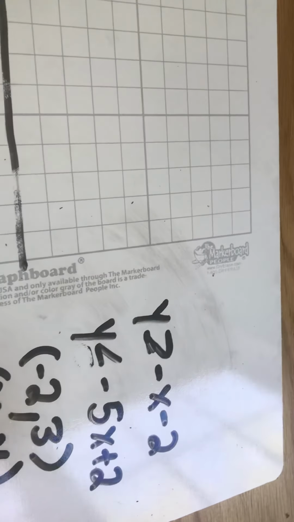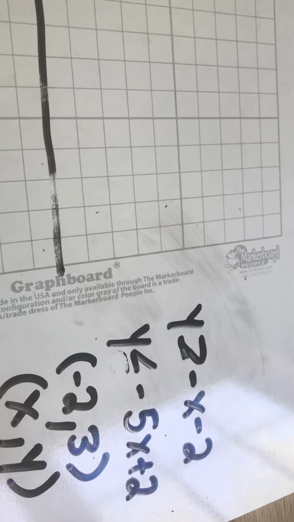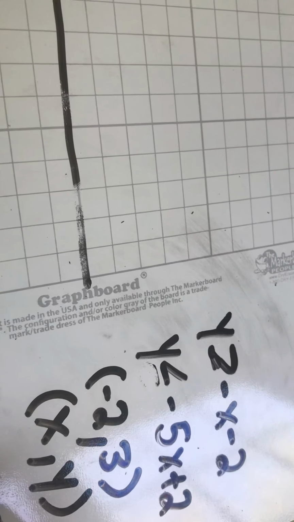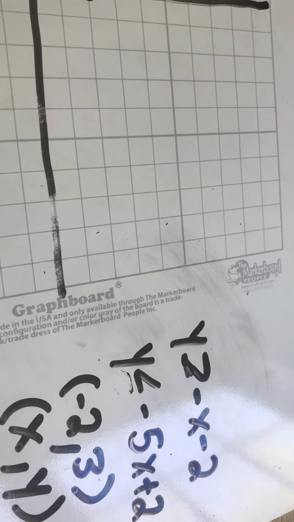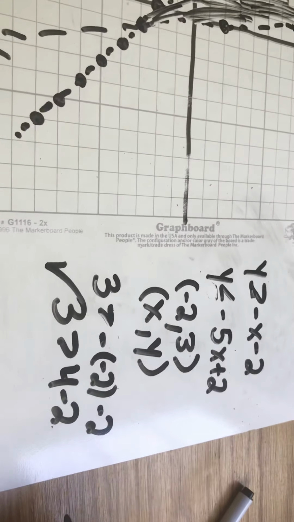If we're good, it should make the statement true. So I plug in the 3 where the y was and the negative 2 where the x is. So 3 is greater than 4 minus 2. That's a true statement. So it does satisfy the first one.